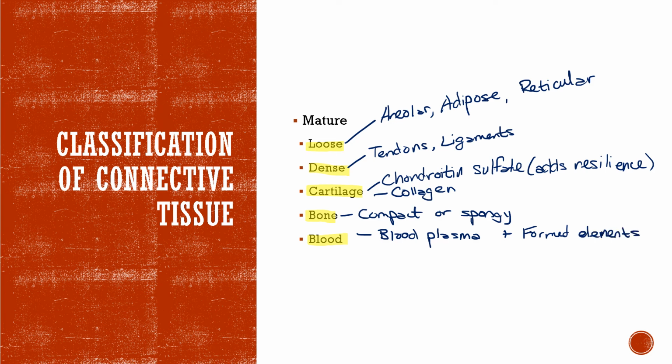Formed elements in the blood are going to be things like red blood cells, white blood cells, and platelets. And we'll go over all of the aspects of blood when we talk about the circulatory system. So that's a whole other chapter as well.